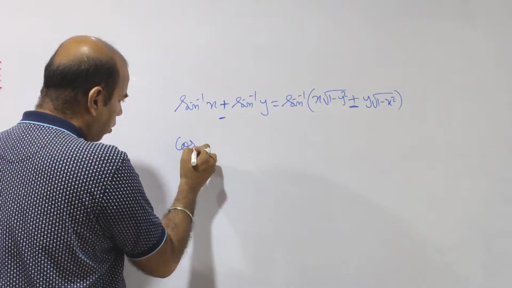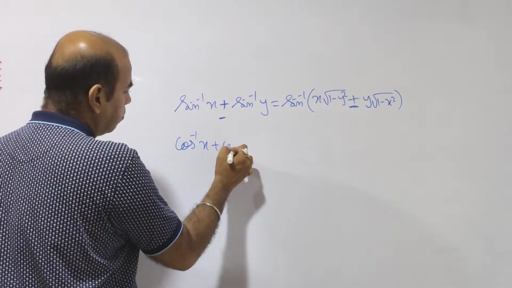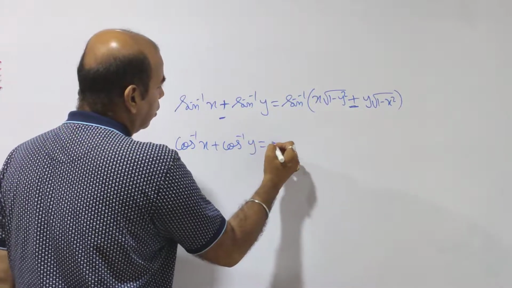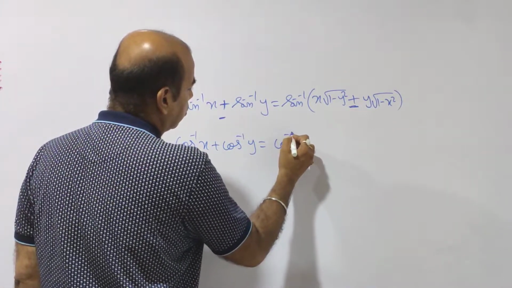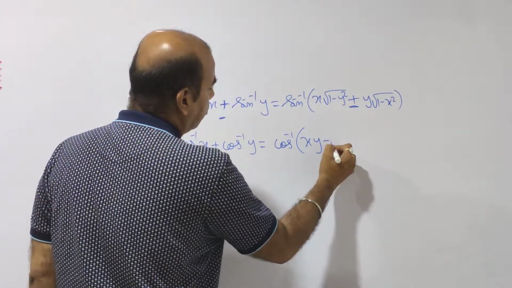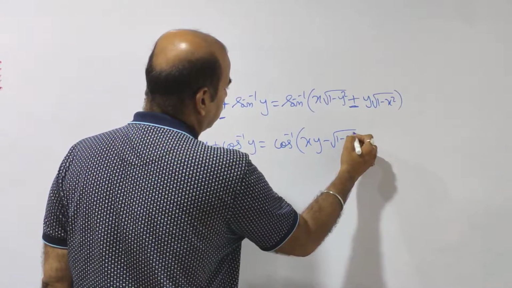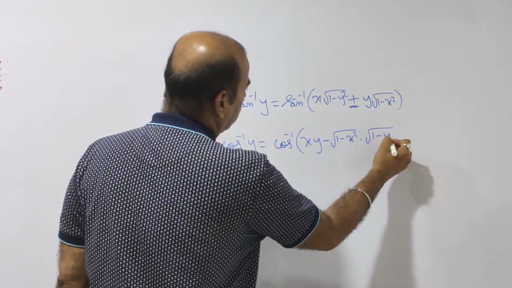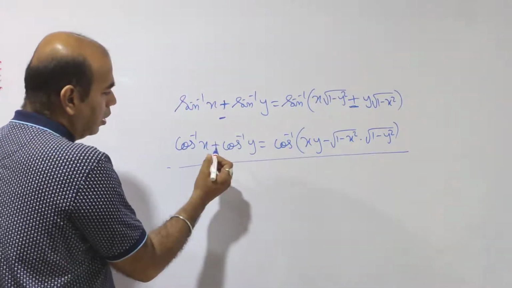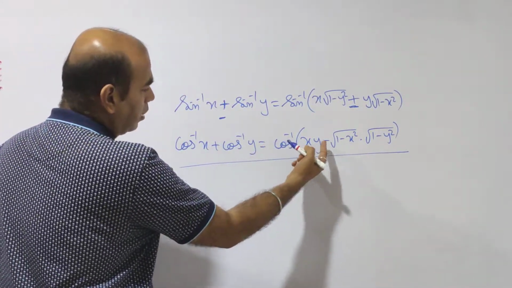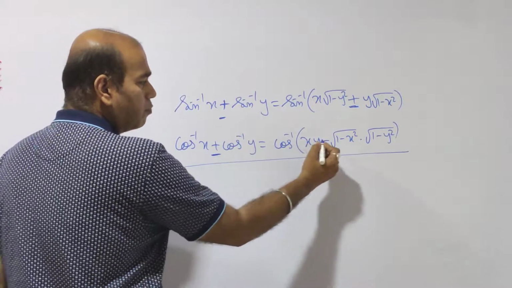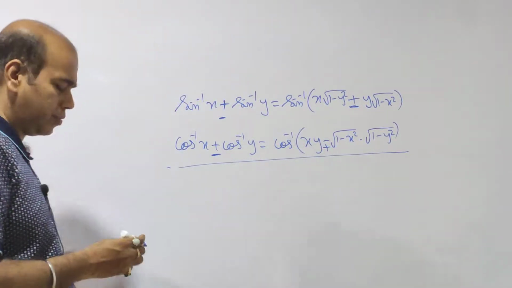Same way, cos inverse x plus cos inverse y. It is cos inverse xy minus root over of 1 minus x square into root over of 1 minus y square. If it is plus, then here it is minus. If it is minus, then this will be what? Plus.